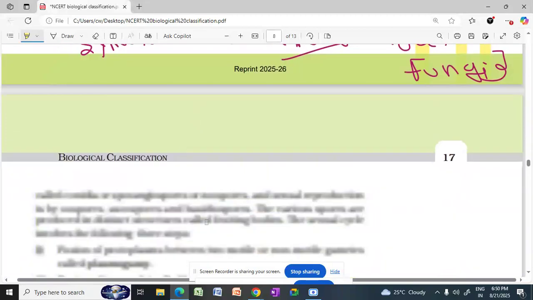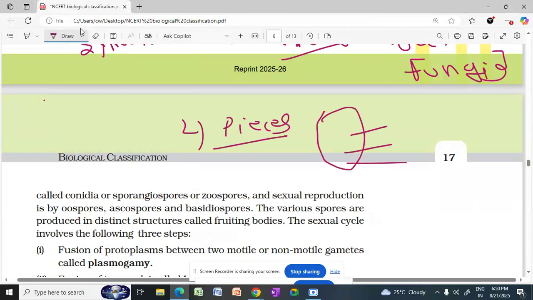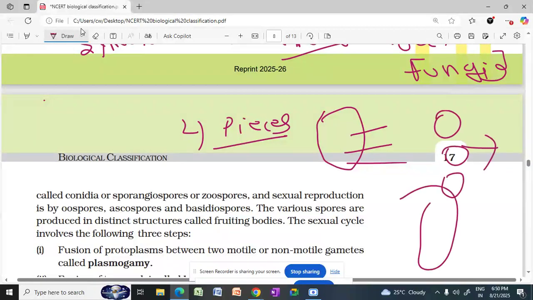After this will come fragmentation, as the name itself indicates. Fragment means what? Pieces. So the parent cell divides into small fragments, and each fragment will produce a new organism. So that is fragmentation.